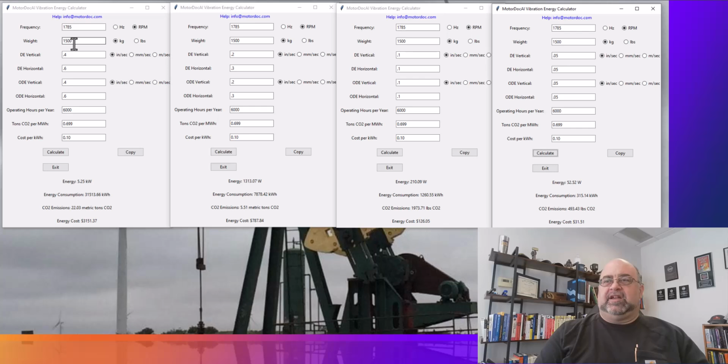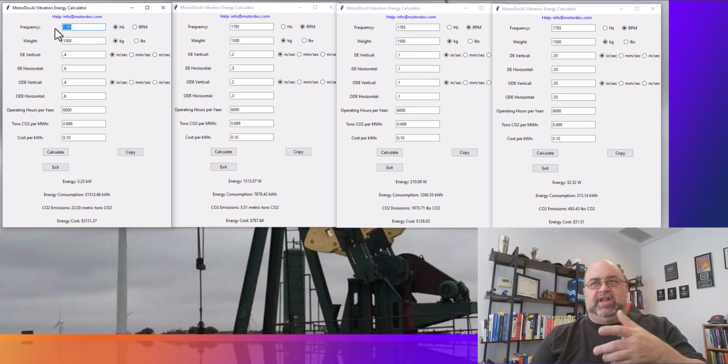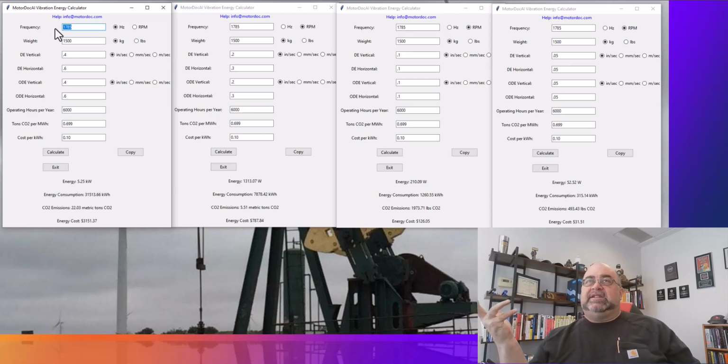Let's say, just for fun, let's take a look at a bearing signature. We'll do an outer race on a specific machine, 1,500 kilowatts. So that's going to be, say, a 6318 bearing. That would be 10 point something.